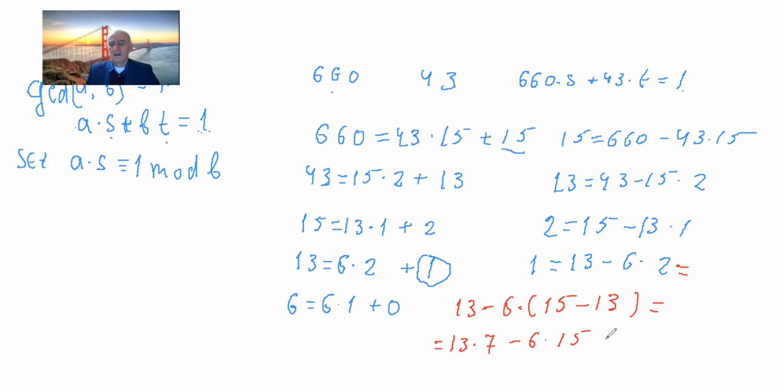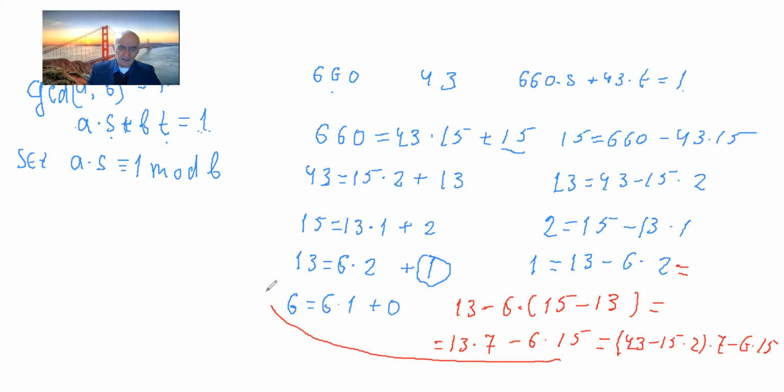Okay. Now we will replace it now. 13, and it's going to be 43 minus 15 times 2 times 7 minus 6 times 15. And now from here, I will write here.